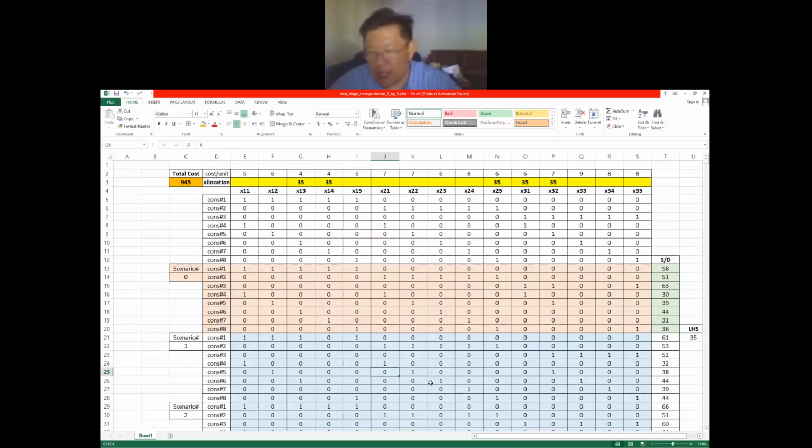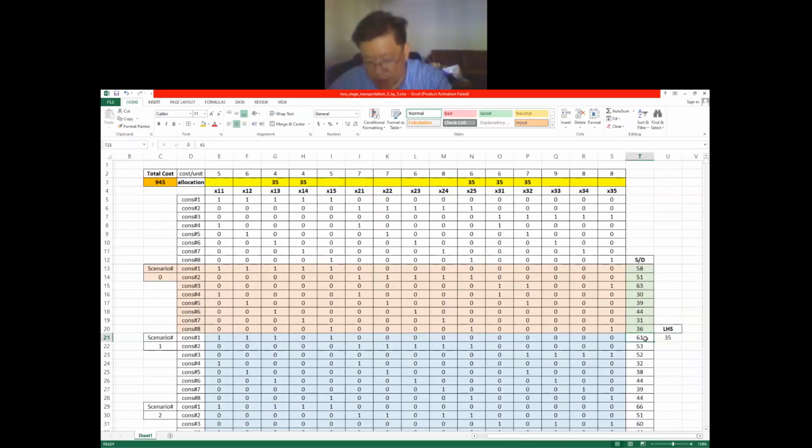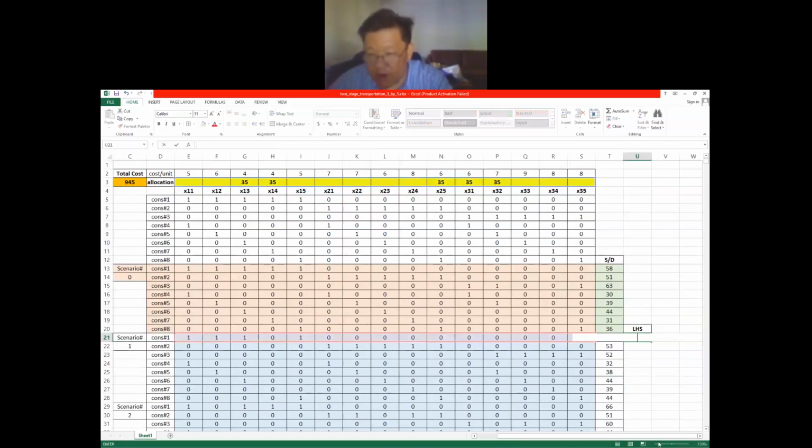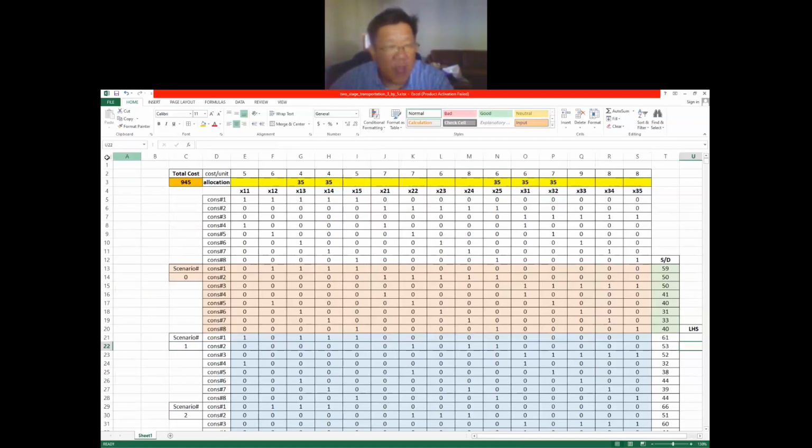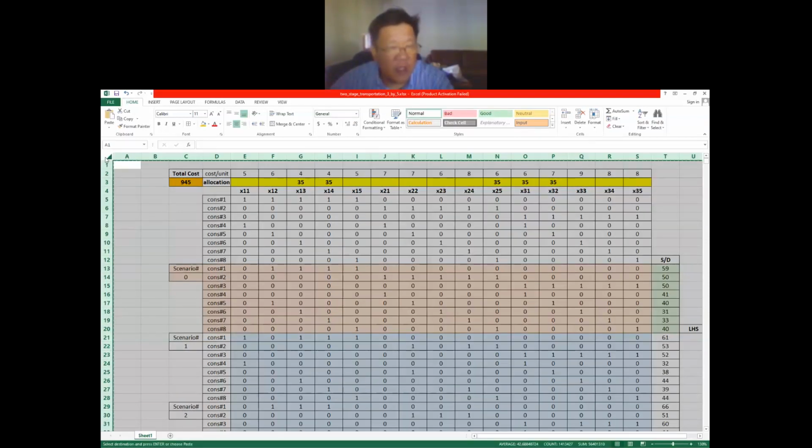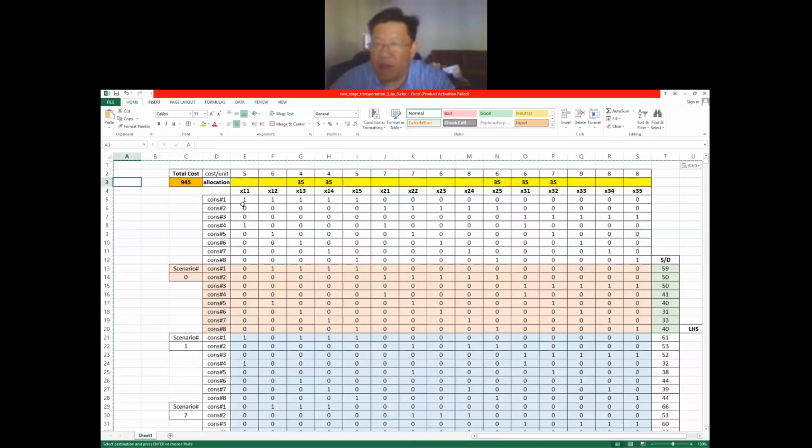One of the easiest ways is to copy and paste just the values for all cells. That will be very fast.